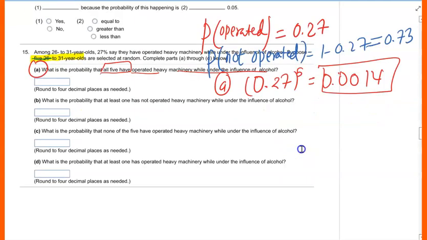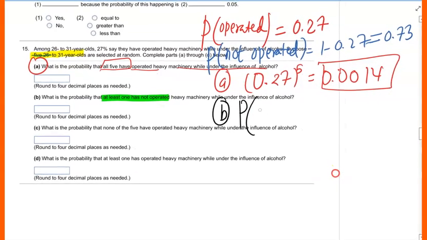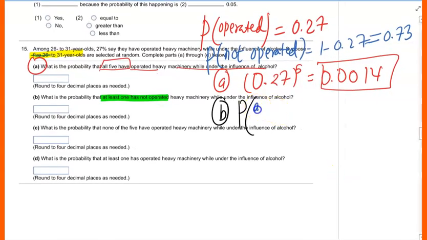Part B. Remember, part B has an "at least one" probability. For part B, you're looking for the probability that at least one has not operated. What's the formula?